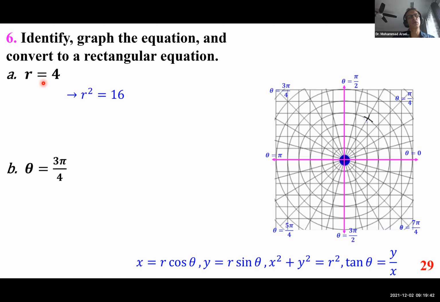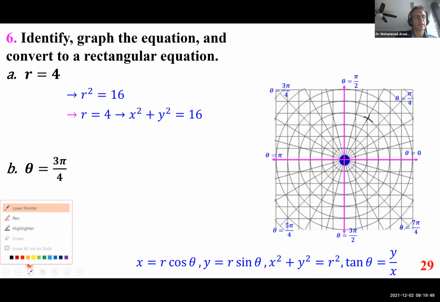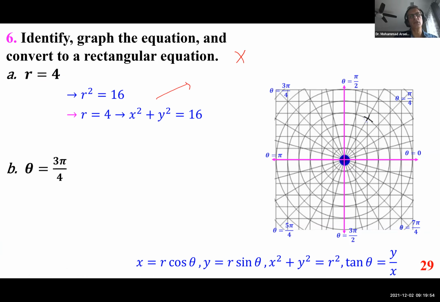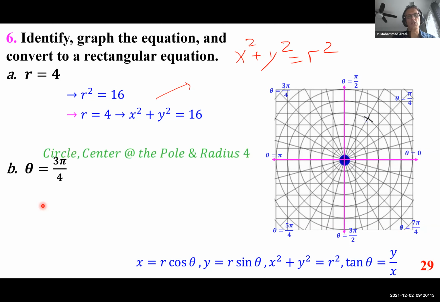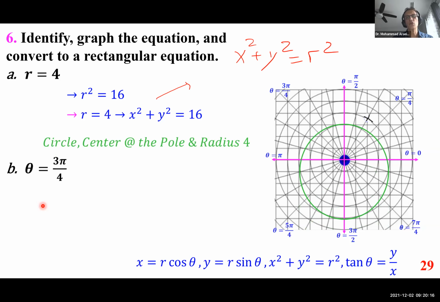And as you know, R squared is x squared plus y squared. And the equation of a circle centered at 0, 0 has the equation x squared plus y squared equals r squared. I'm reminding you of the formulas we've seen. And so this is a circle centered at 0, 0, or the pole or the origin, with the radius square root of 16 equals 4. So that would be the graph.